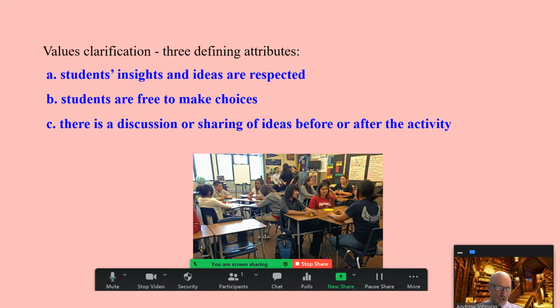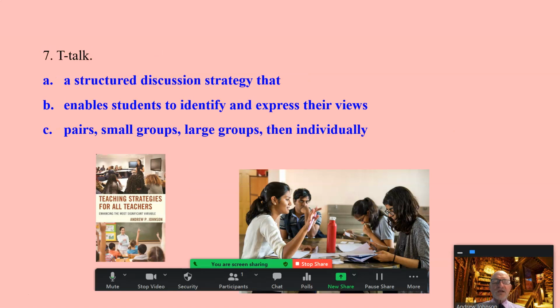Students are free to make choices. Teachers do not lead students to predetermined choices or responses about what to value or what behavior they should have. And there's always discussion of sharing our ideas either before or after the activity. These are 3 defining attributes of a values clarification activity.